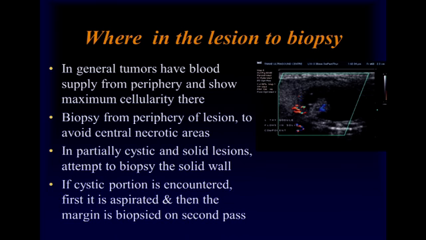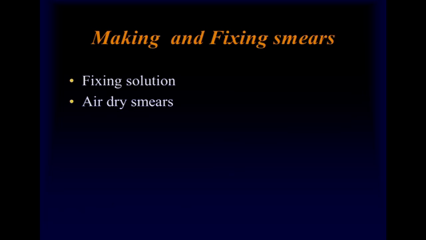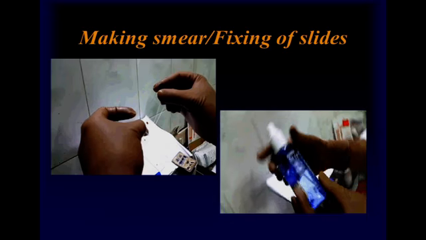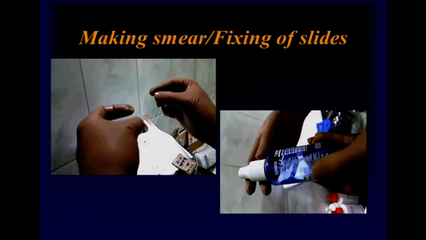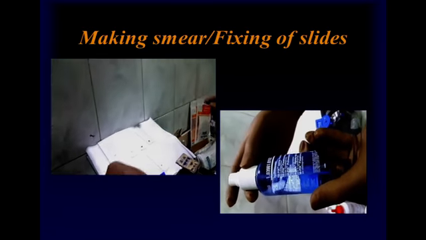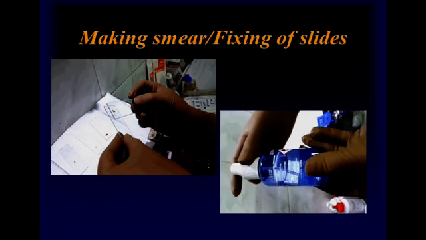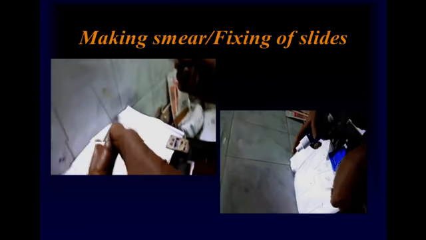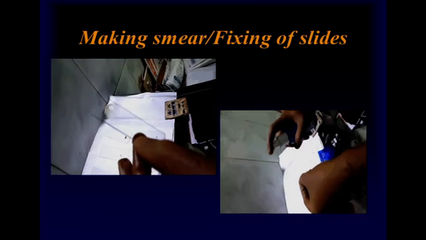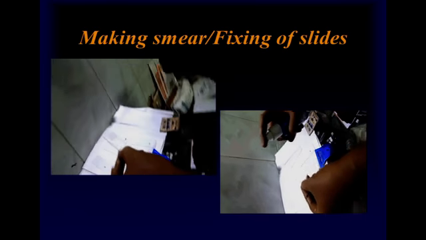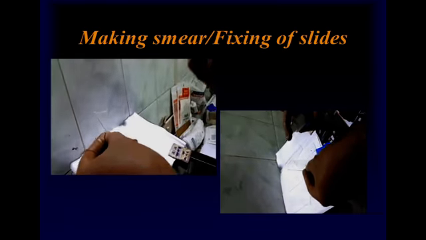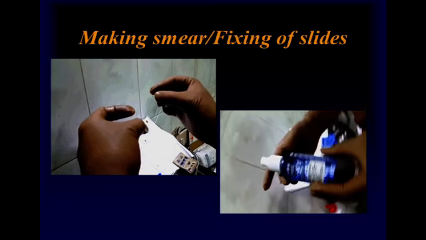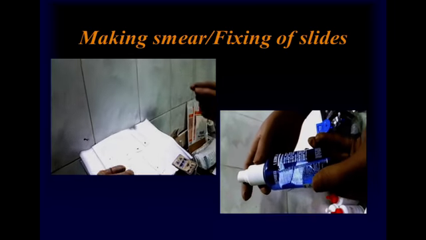After you get the tissue, it is very important to take proper care of this tissue. There are two aspects. One is making the smear and second is fixing the slides. So when we make the smear, we put one slide over the other and gently pass it over this so that we get a thin film of the tissue or the fluid which we have aspirated.